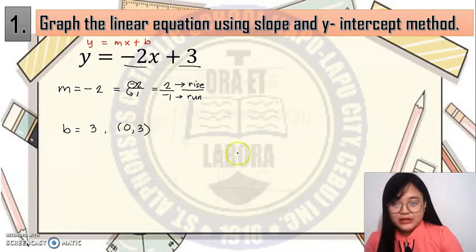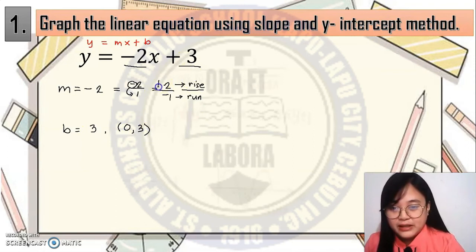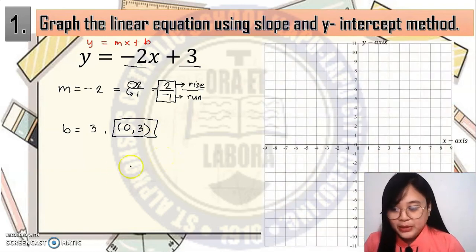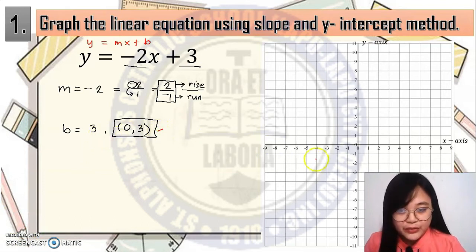After having your slope and your y-intercept ordered pair, now we're going to proceed to plotting points. In plotting points, you will start with your y-intercept. Since your y-intercept is (0, 3), you start here.